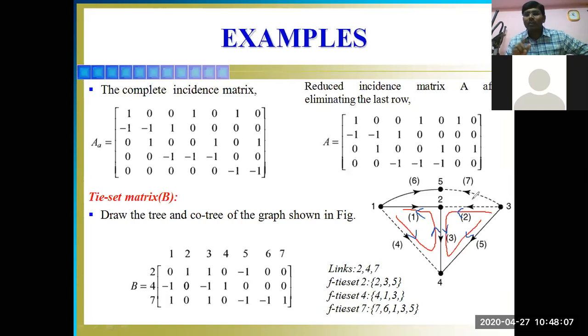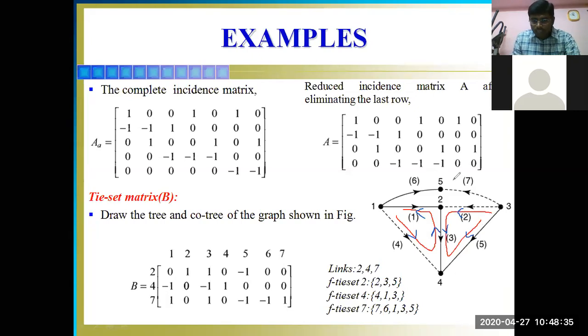A fundamental loop consists of only one link and more than one twig. Then you have to search for the possible ways. Suppose you circle outside, you will get one more link, the 4th link. So you should not move like this. Then there is one possible combination.